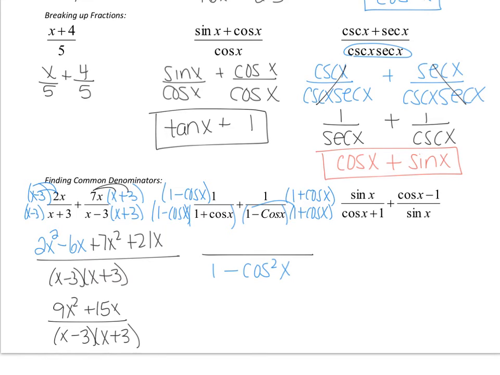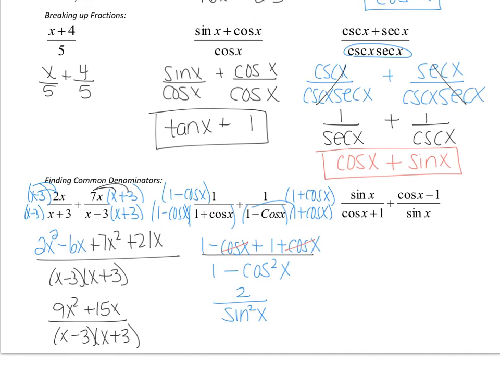So let's write that. 1 minus cos x plus 1 plus cos x. Now, if we simplify the top, these will cancel, and I'll actually be left with 1 plus 1, which is 2. Now, 1 minus cosine squared is actually sine squared.